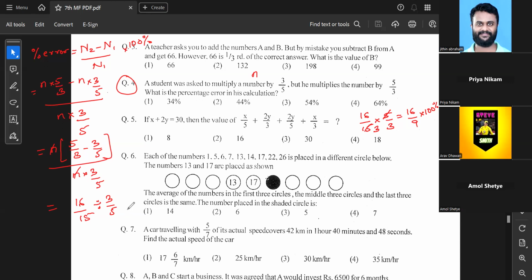Because the denominator should consist of the original value all the time. The value with which we are comparing should always be in the denominator. In this case, they are asking for error. Generally, we compare error with the original value, not with the mistaken value. Hence, the denominator must contain the original value.